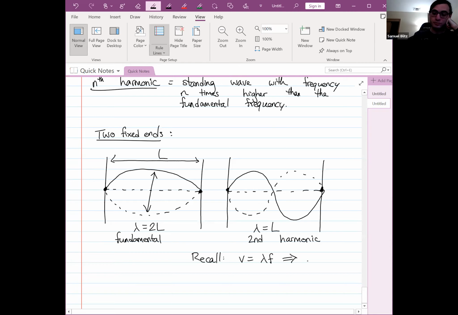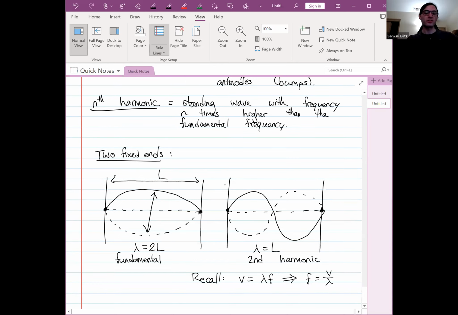So frequency is V over lambda. Because the lambda is half as big, the frequency is twice as large. So this makes sense. This is the nth harmonic because the second harmonic has a frequency twice as large as the frequency of the fundamental because its wavelength is half.